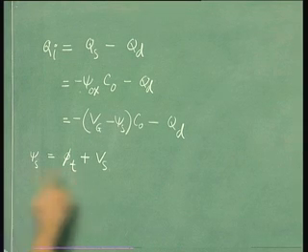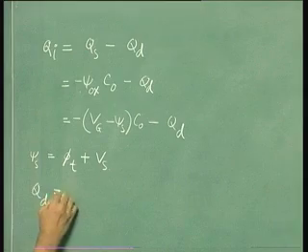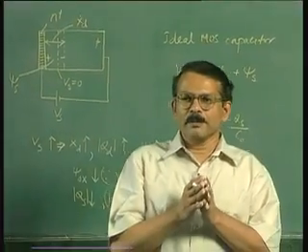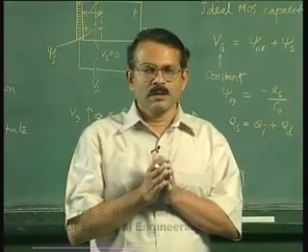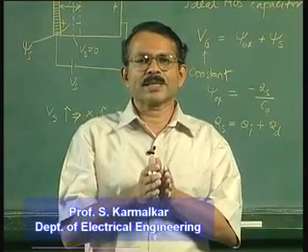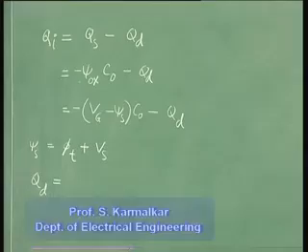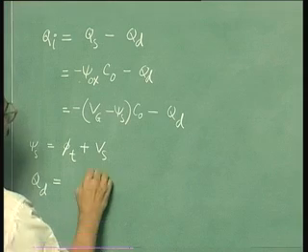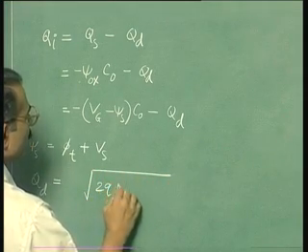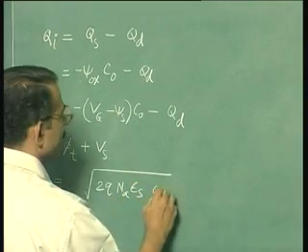Now once we know this psi s, we can also write an expression for Qd in terms of psi s. You recall that when the capacitor was an ideal capacitor under inversion, we wrote down the expression for Qd as square root of 2q Na epsilon s into phi t.